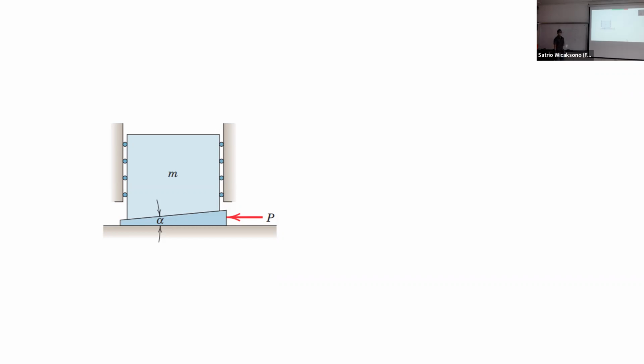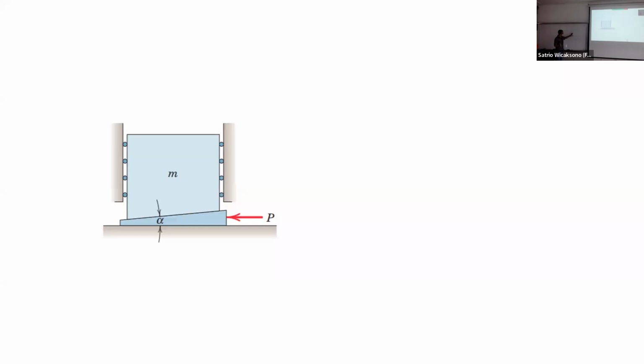Friction from the ground. What else? From the mass as well. It will be friction force, right? But the direction is like this. Why is it like this? Because friction force is always perpendicular to the normal.